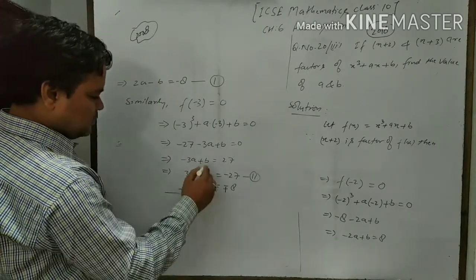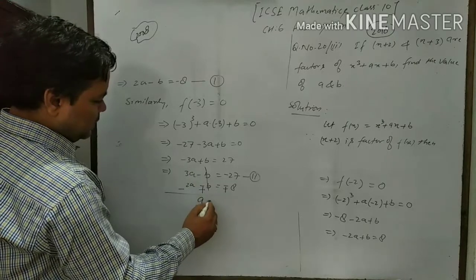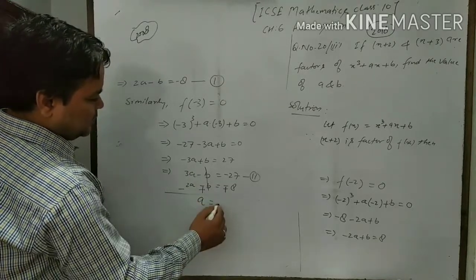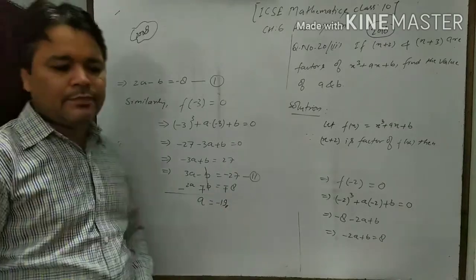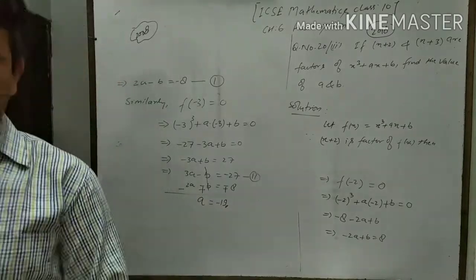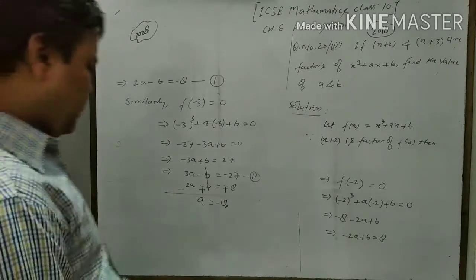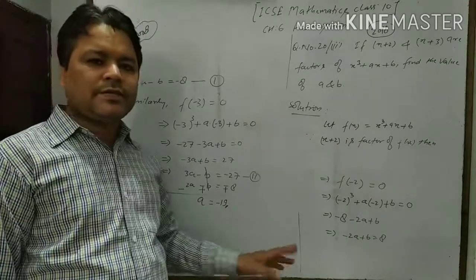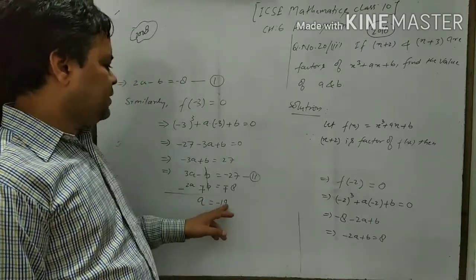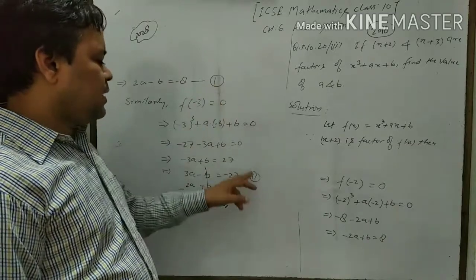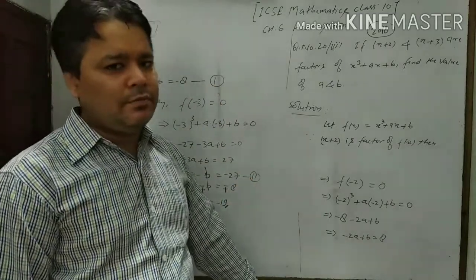In this way, b will be cancelled, and 3a minus 2a, that will be a, is equal to minus 19 minus minus 8, that is minus 19. Here the value of a is equal to minus 19. After that, put the value of a equal to minus 19 either in equation first or in equation second, and simply we can find the value of b.